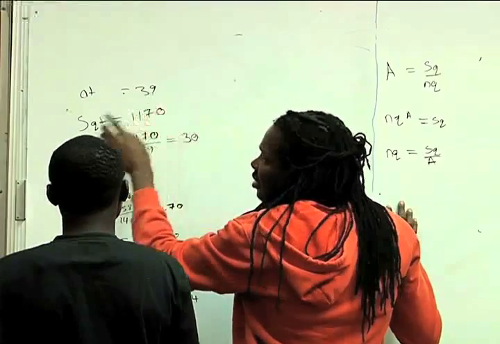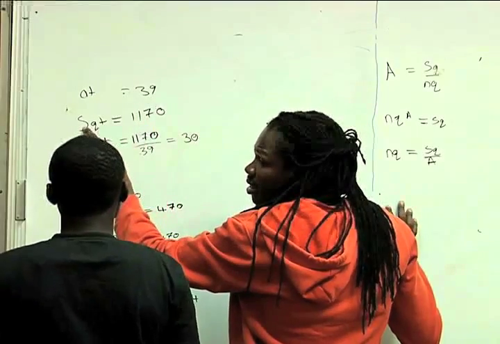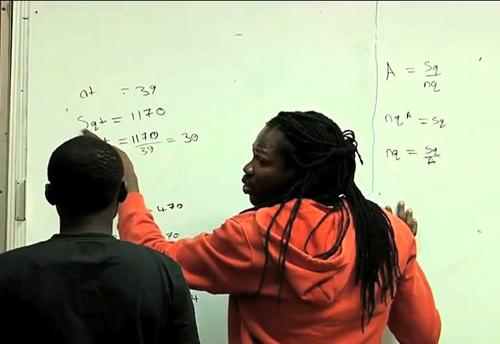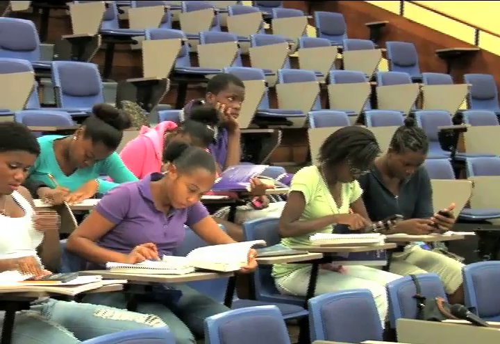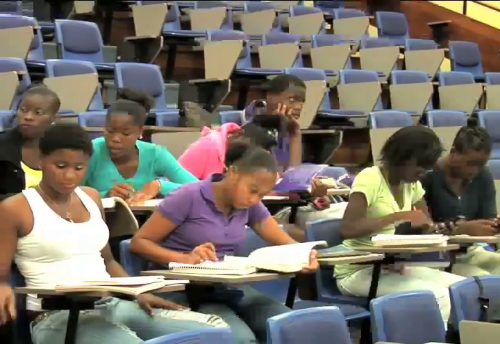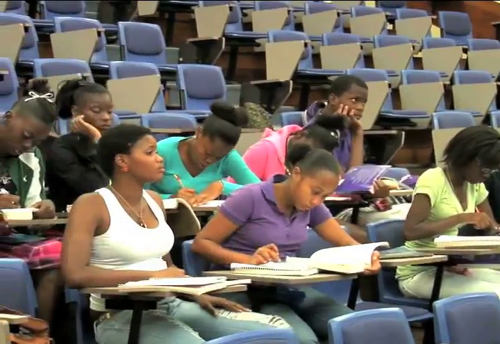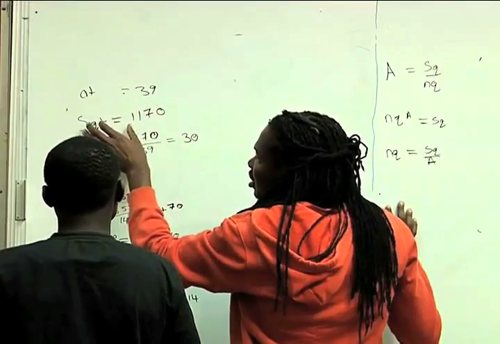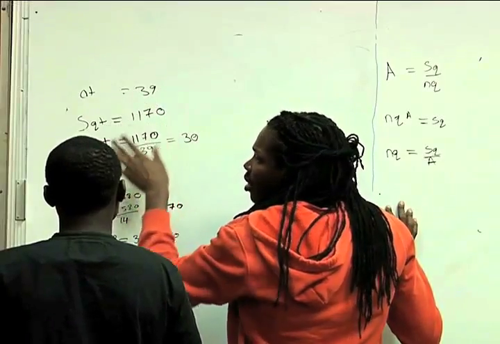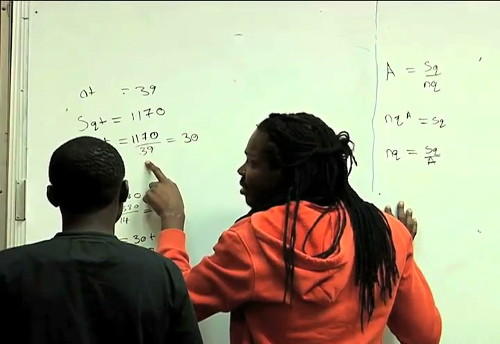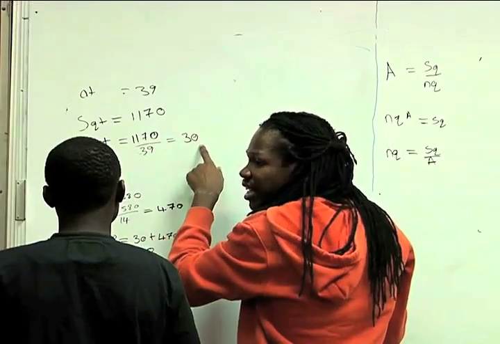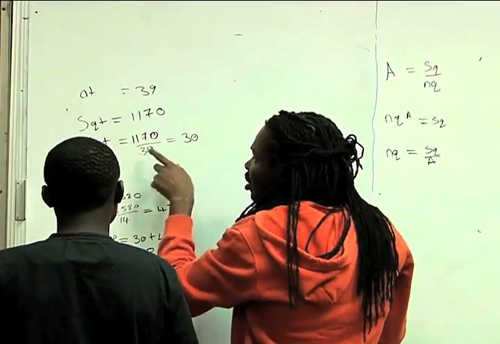We get the total, this is SQ. Total teacher age, 1,170. So that means we can find out how much teacher there are by dividing the total by the average. You see? 30. So there are 30 teachers, and their average age is 39.